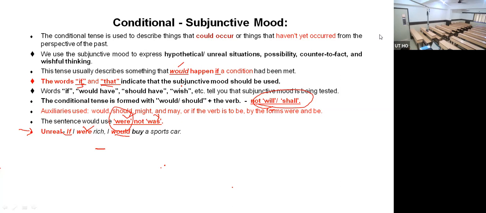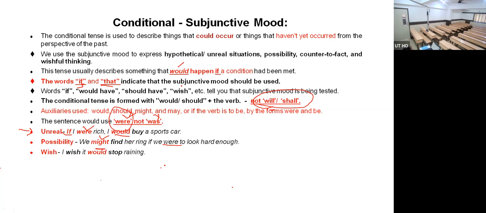Now, if it is a possibility, we have a sentence like this: we might find her ring if we were to look hard enough. When we say might, we are not sure about it, but it's still a possibility. So we might find a ring if we were to look harder.